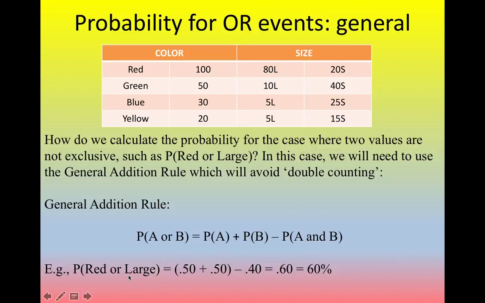The probability of pulling a red marble or a large marble from this jar is going to be the probability of pulling a red marble, which is 100 out of 200, 50%, plus the probability of pulling a large marble, which is again 100 out of 200, 50%, minus the probability of pulling both a red and a large marble, which is 40%, and so that's 100 minus 40, which is 60%.